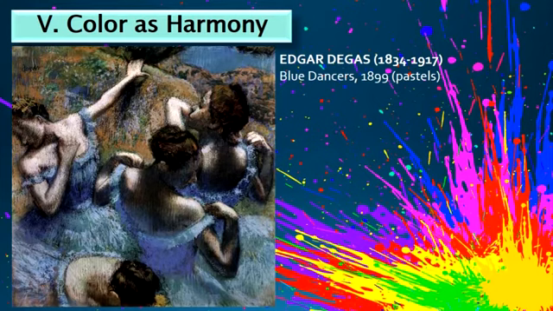So the shape of the painting is square, while the rotational movement of the figures is composed with a diamond, forming a harmony of rectangular shape.